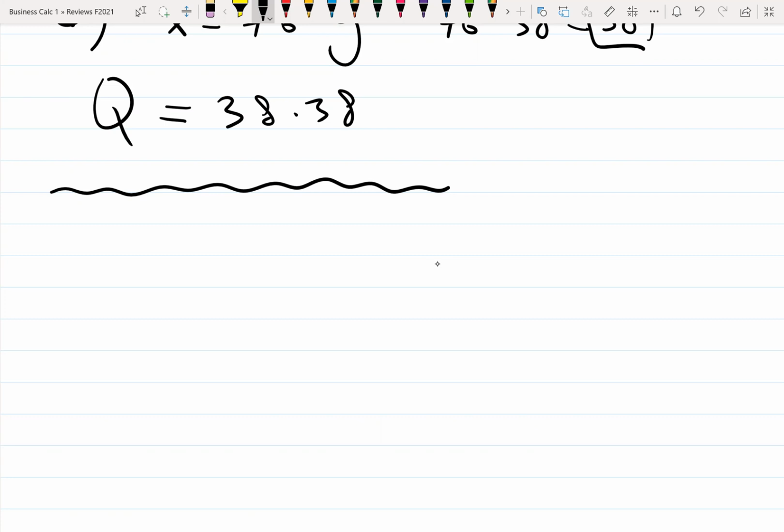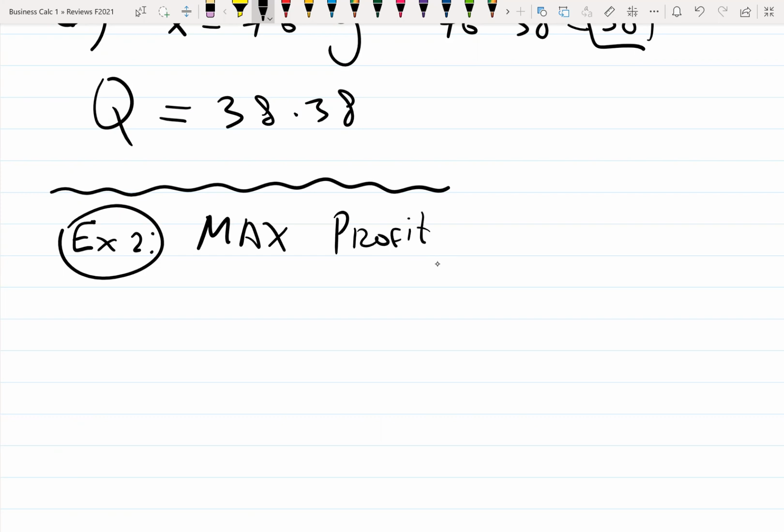So with the backstory, example 2, maximize profit or minimize the cost. That means you need to remember the relationship between profit, cost, and revenue functions.